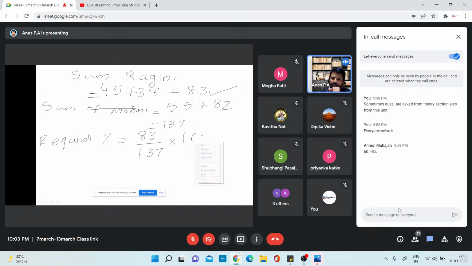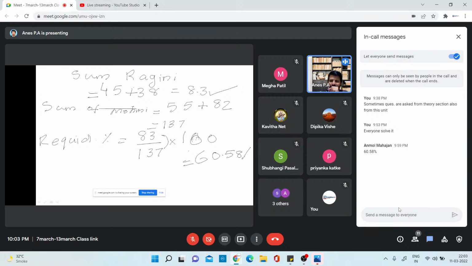Okay. Then to find the percentage, we multiply by 100. We need to find this value. Actually, the main thing is here: we just divide it and find the value. Actually, we could not do it right now. So we got this value as approximately 60.58.